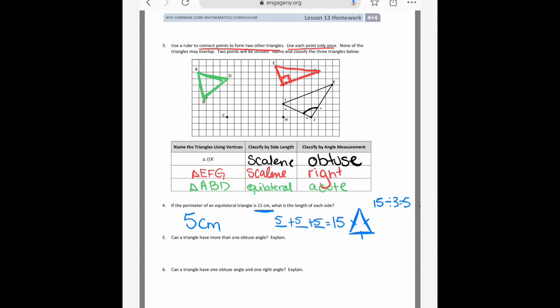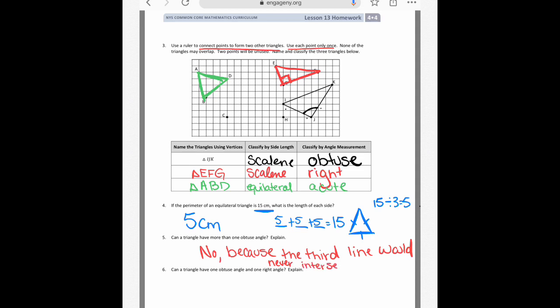Okay, number 5 says, can a triangle have more than one obtuse angle? Now this is weird to think about, but if I draw an obtuse angle, well, no, because the third side wouldn't connect. So if you were to draw an obtuse angle, think about it. The two sides going away from the vertex are going to be so far apart because it's obtuse, they're not going to be able to connect unless it's with one straight line. So if I have two different obtuse angles, they're not going to connect. Let me draw a picture to kind of demonstrate what I'm saying.